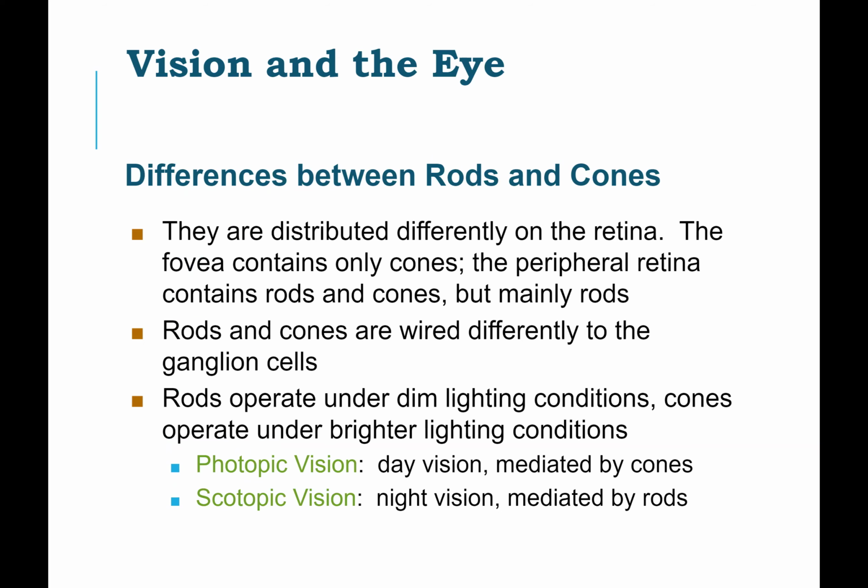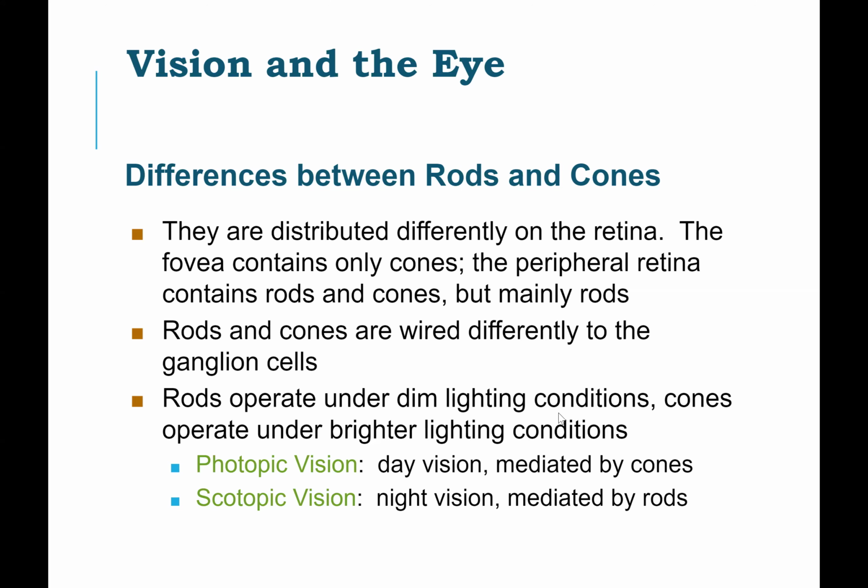So what are the differences between rods and cones? They're distributed differently in the retina. The fovea contains only cones. The peripheral retina contains rods and cones, but mainly rods. Rods and cones are wired differently to the ganglion cells that I just described. Many rods connect to one ganglion cell, but cones are almost one-to-one.